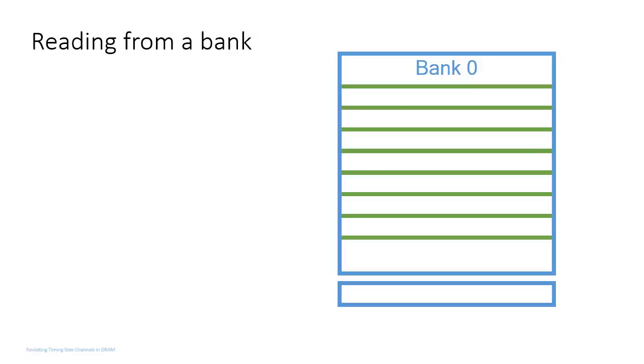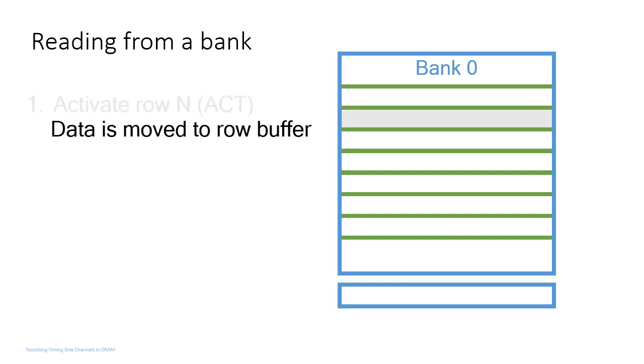So let's go over how DRAM works. DRAM is organized in rows. When the memory controller wants to read from a row in a particular bank, it sends a command to activate a particular row. And activating a row works like this.